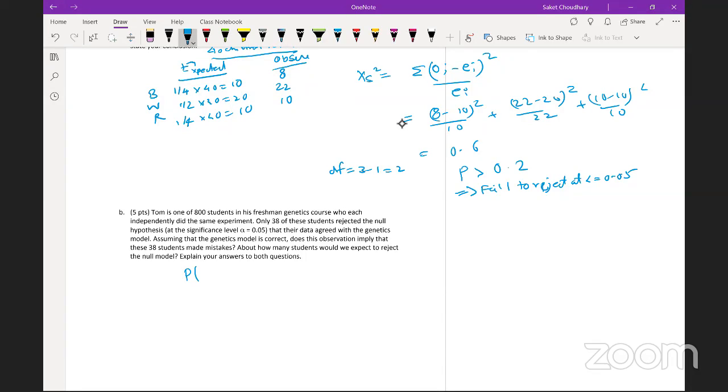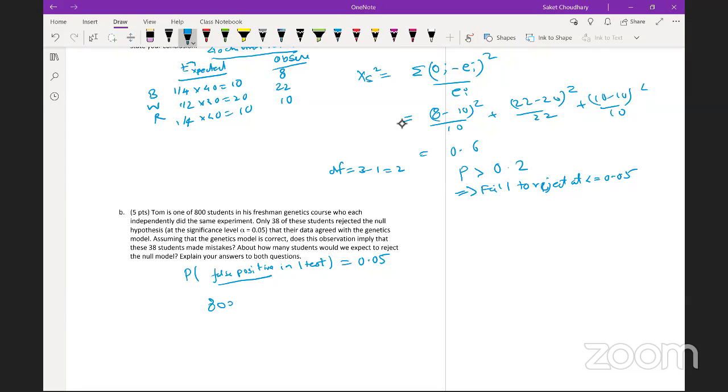So the probability of a false positive, if you're doing one test, is equal to your level of significance, right? So if you just do one test, there is a 5% chance that you will falsely reject the null hypothesis, even though it's actually true. Hence, it's called a false positive. Okay.